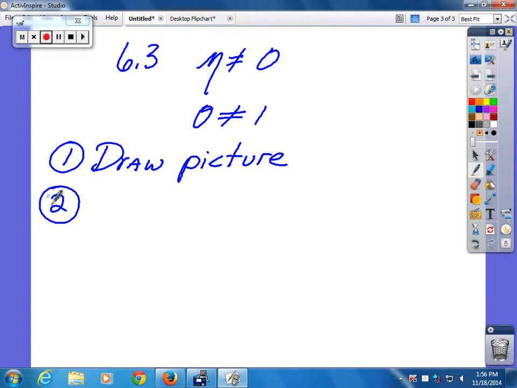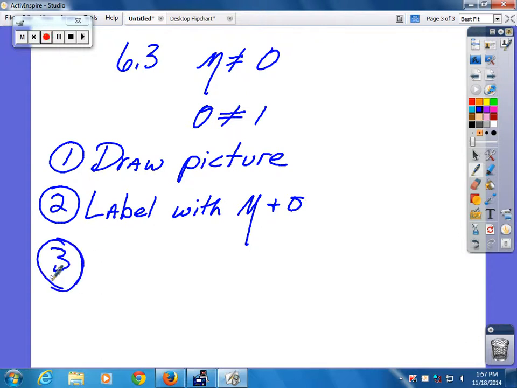Two, label with mu and sigma. Three, plot the point or area.